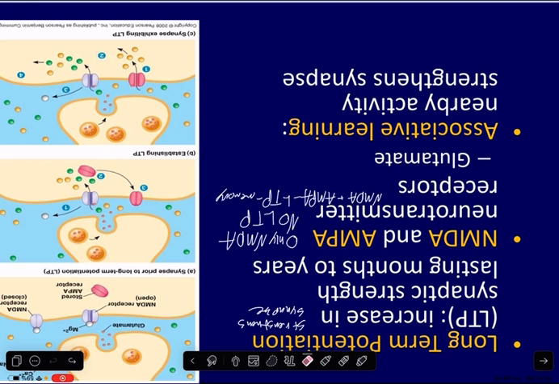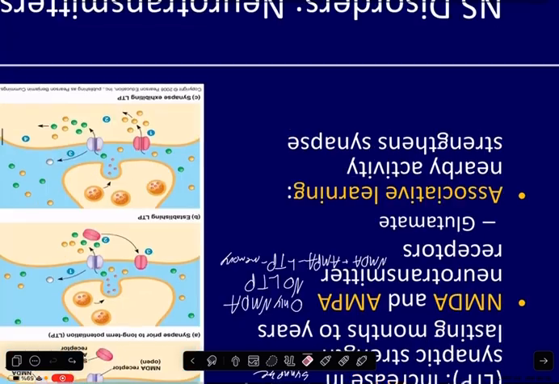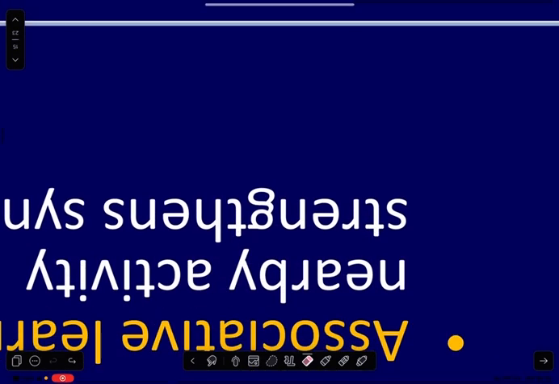There's also an opposite to this. Long-term potentiation increases the strength of synapses. There's also a phenomenon called long-term inhibition, or LTI, and that causes a long-term weakening of synapses.